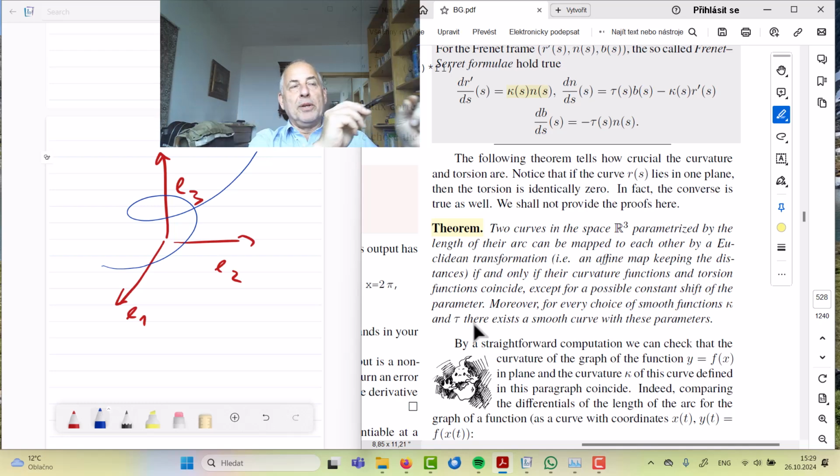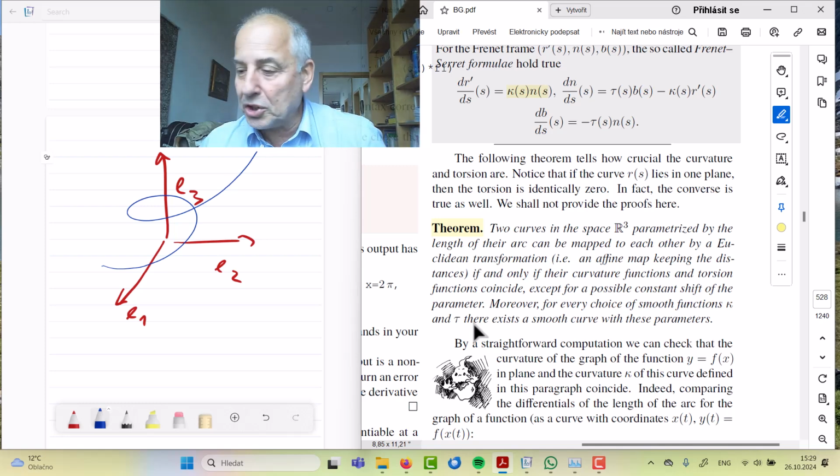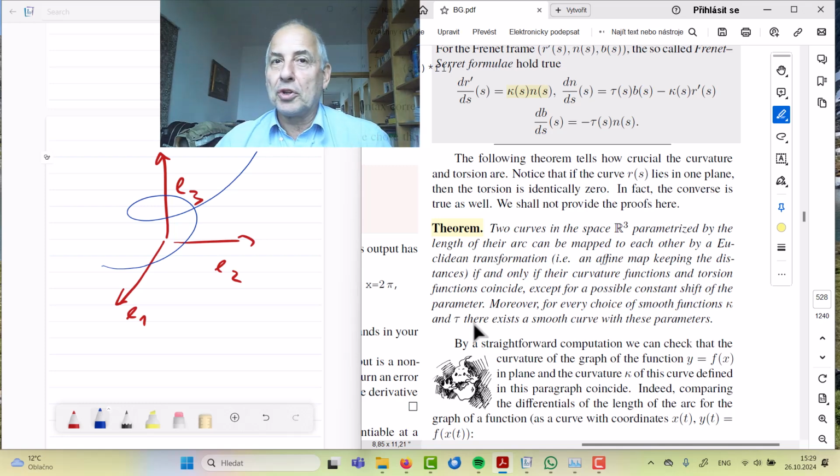So we can be forced to sort of reparameterize the curve where the beginning is, but otherwise it's completely fixed just by the curvature and torsion.